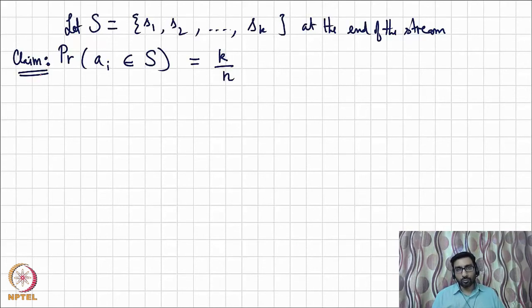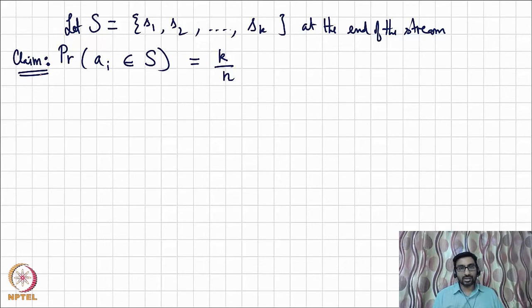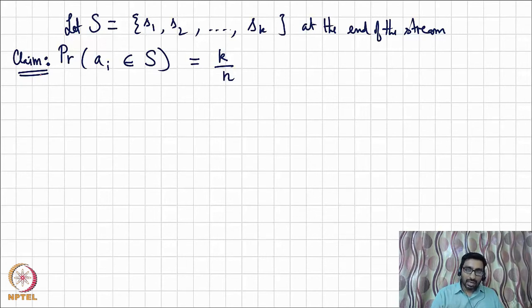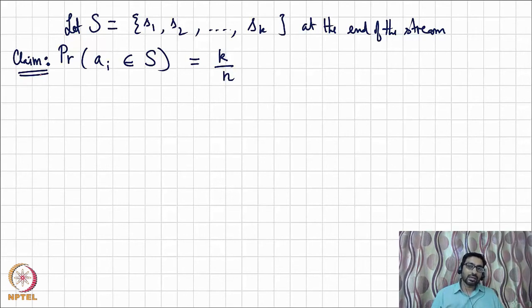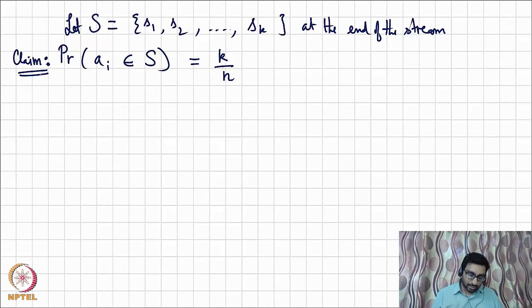So more formally, let S be the set of items that we output as the samples, basically the contents of the memory cells when we reach the end of the stream. Now we need to show that the probability with which an item ai is in that set S is equal to k over n. So how do we show that?